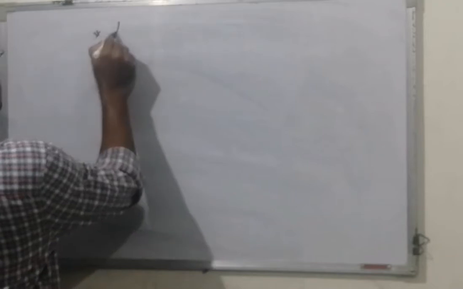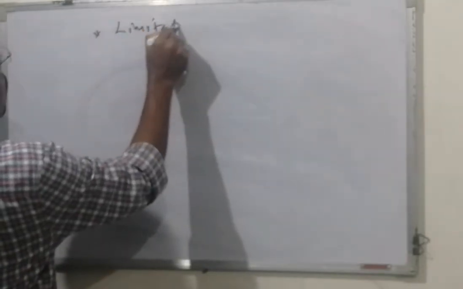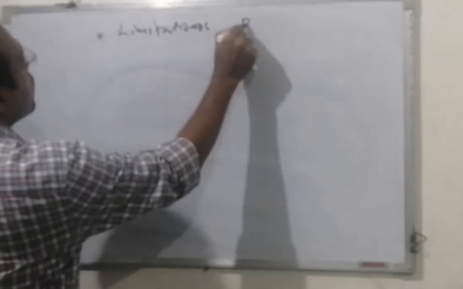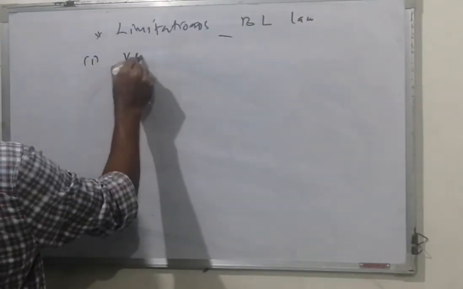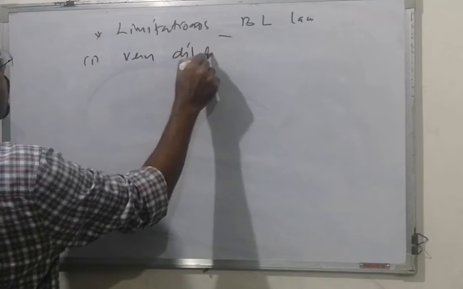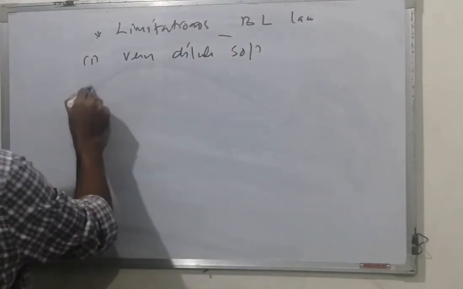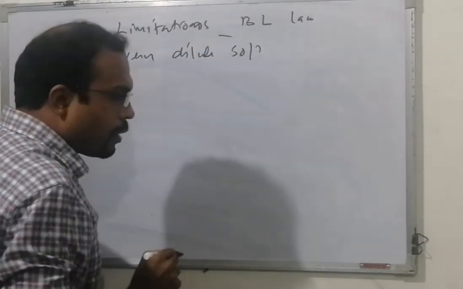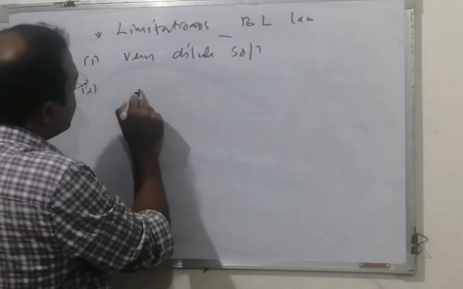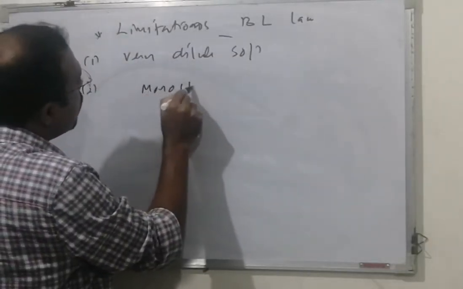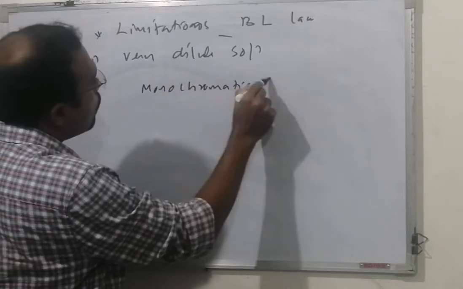Now, the limitations of Beer-Lambert's law. One, it is applicable only to very dilute solutions. Second, it is applicable to monochromatic light.